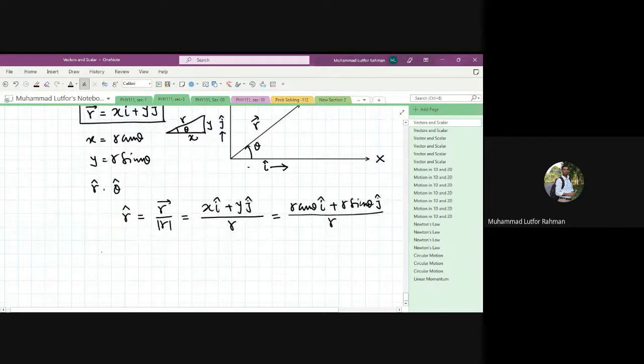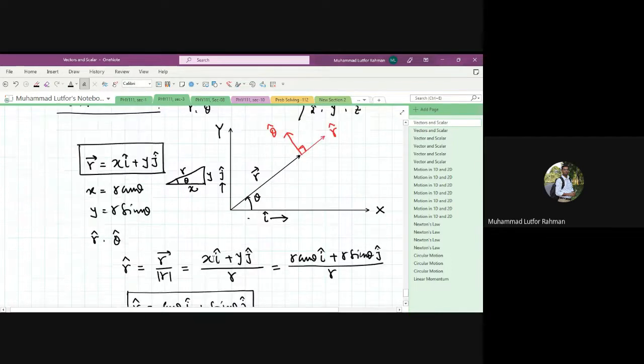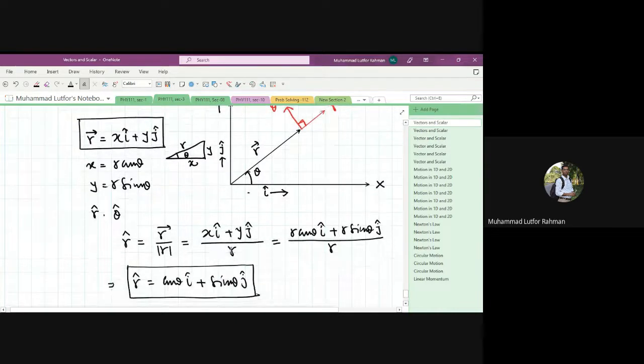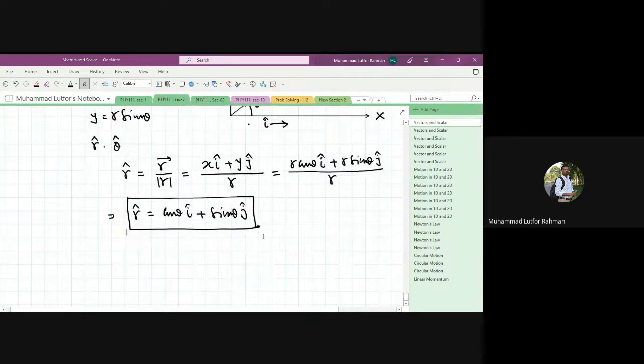Then I can find that r hat is basically cos theta i hat plus sin theta j hat. So this is the r hat unit vector in the polar coordinate system, right? It's the projection of r onto the x and y axes in the Cartesian coordinate system.